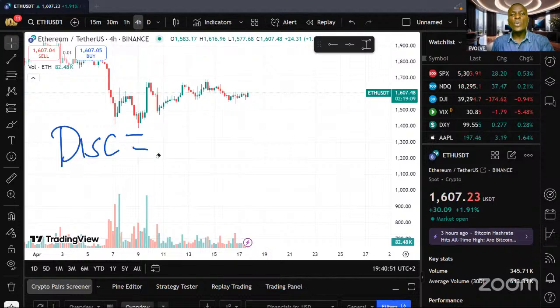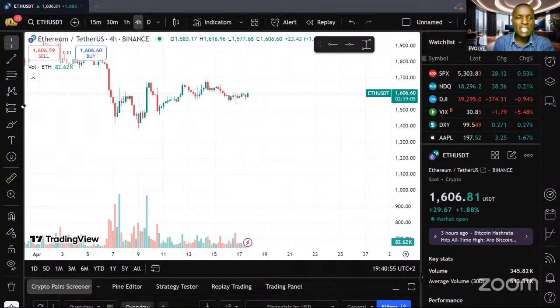Why? When we do a back check, we realize that this coin, let me even measure. From the current market price, which is this one here, when we trace moving downward, the only candles we can see that are near are these ones.